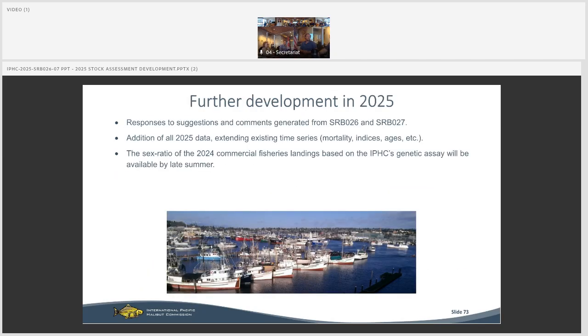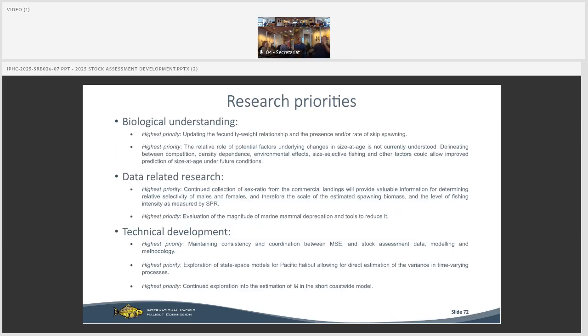I have a draft recommendation that the state-based model be developed for the next full assessment cycle. 3 years? 3 years to do it? Sure. Sounds great.